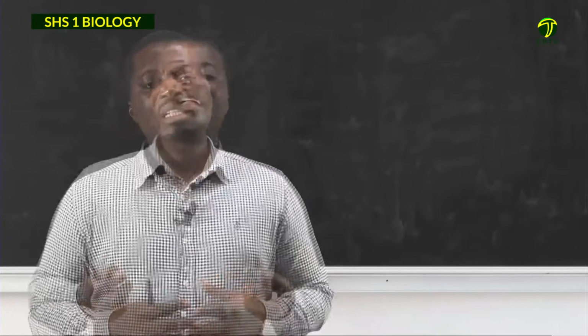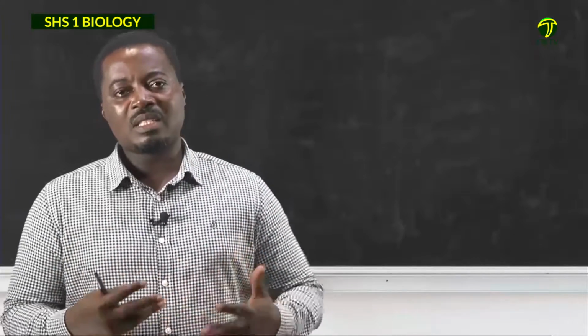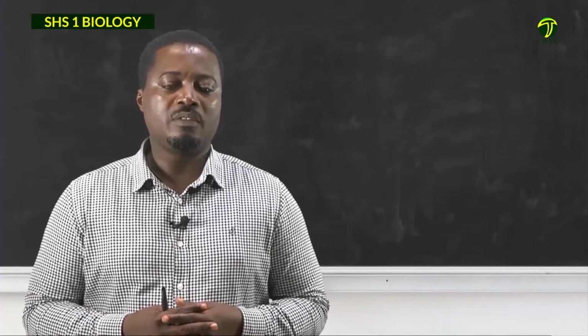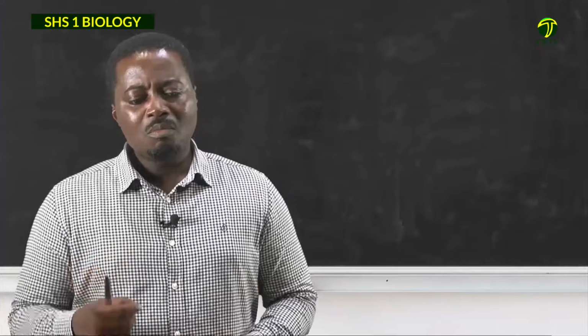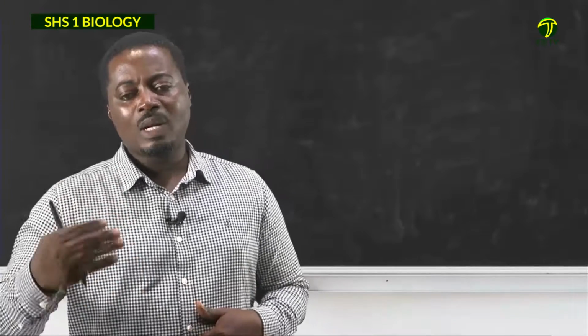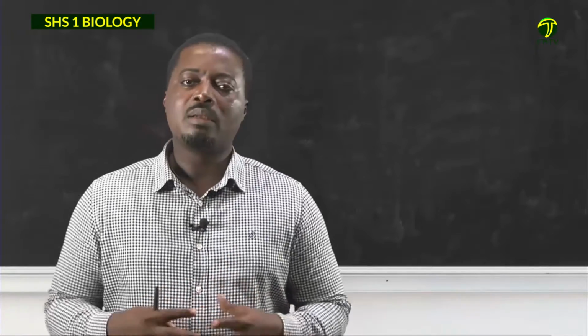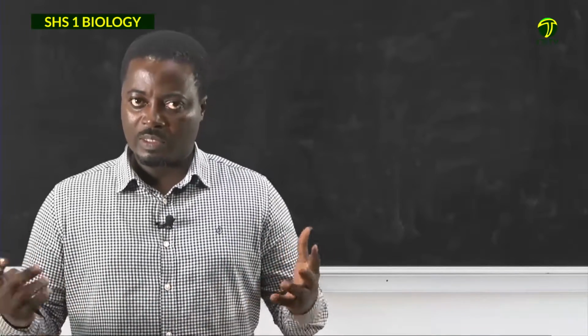These are some of the characteristics that a living thing must possess to be classified as a living thing. When you study these organisms, we say that you are doing biology. It's a branch of science.